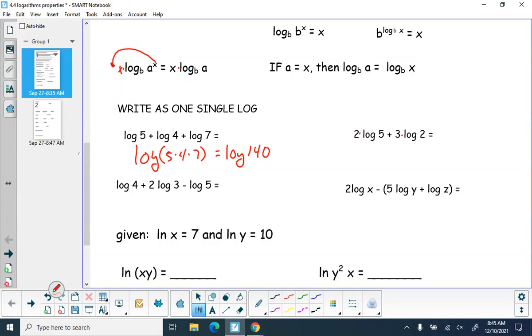So these values that are coefficients can be taken back up to my exponents. So we have the log of 5 squared plus the log of 2 cubed. Now I can combine them together through multiplication. Log of 5 squared, or 25, times 8, which gives me the log of 200.